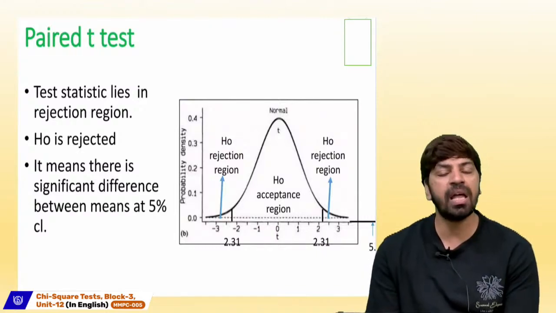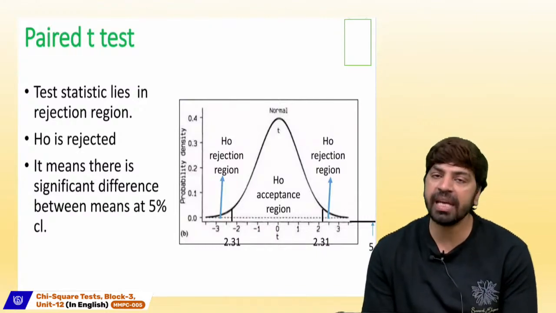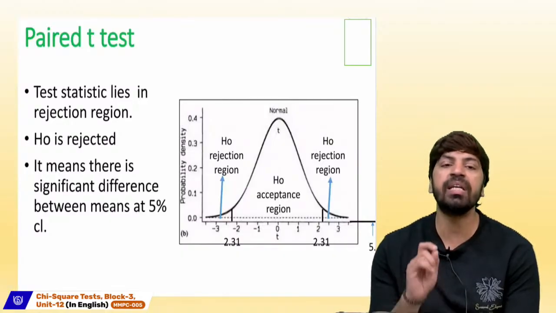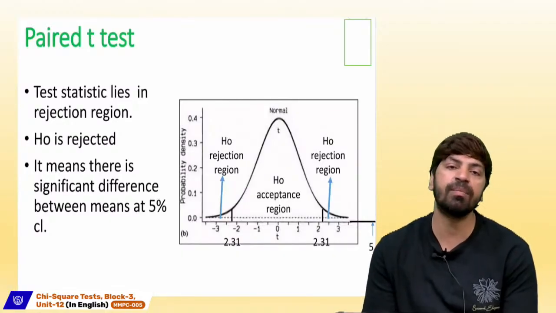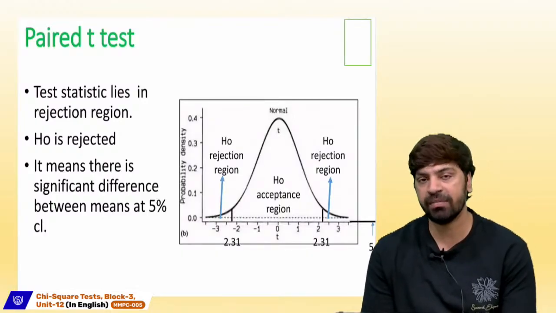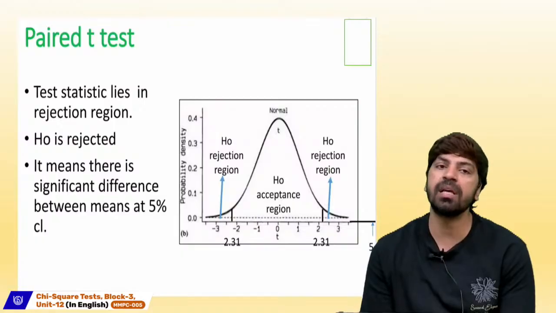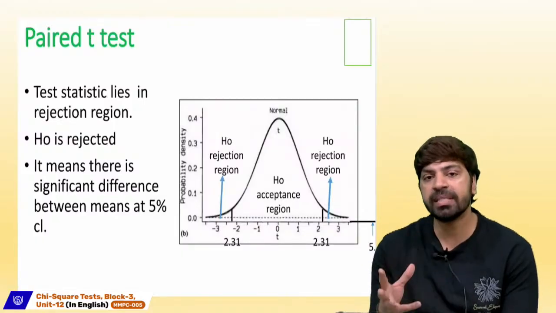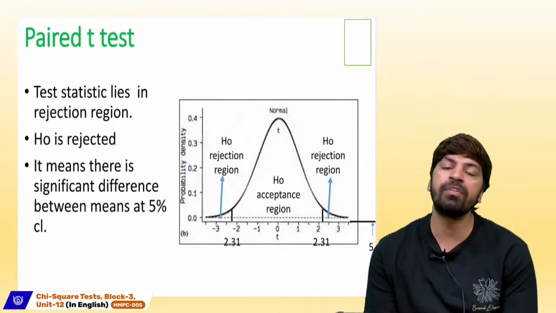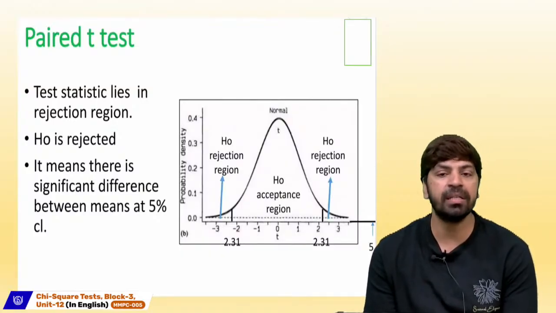And when the null hypothesis is rejected, that means there is a significant difference between the means at the 5% level of significance. And this is how we could represent the conclusion with the help of diagrammatic representations.